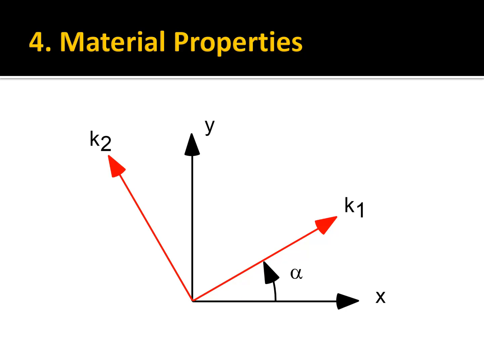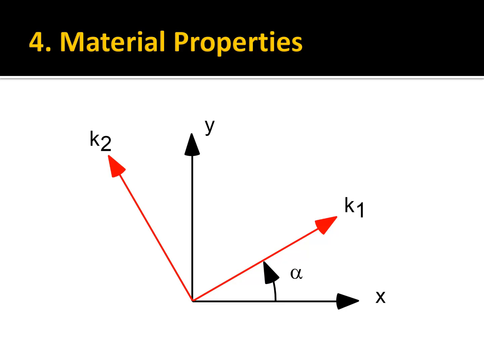Finally, you have to designate the material properties, and for each material, you give it a K1, a K2, and an alpha. K1 is the hydraulic conductivity in the principal axis of hydraulic conductivity, or that would be parallel to your layers, to your implicit layering inside the material. And K2 would be the minimum hydraulic conductivity perpendicular to the layering.